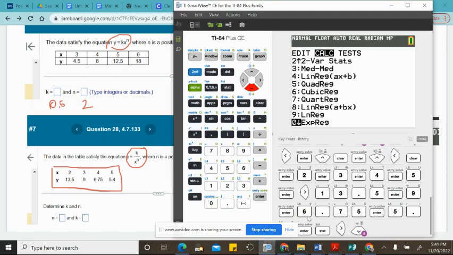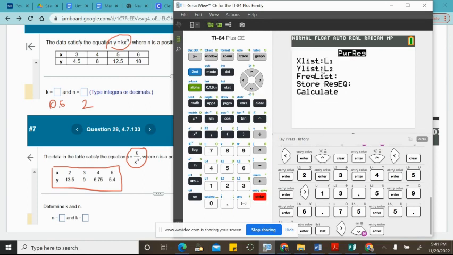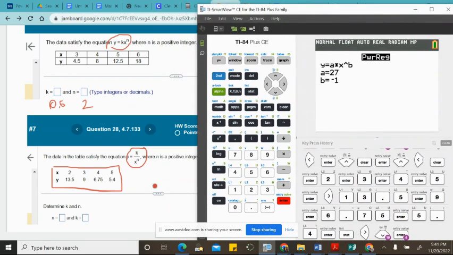So we hit enter once we get down to power regression, which is A. Enter. Yep, my X's are in list 1, my Y's are in list 2. Enter, enter, enter, enter, enter. It does it. But notice this time it's 27 and -1.